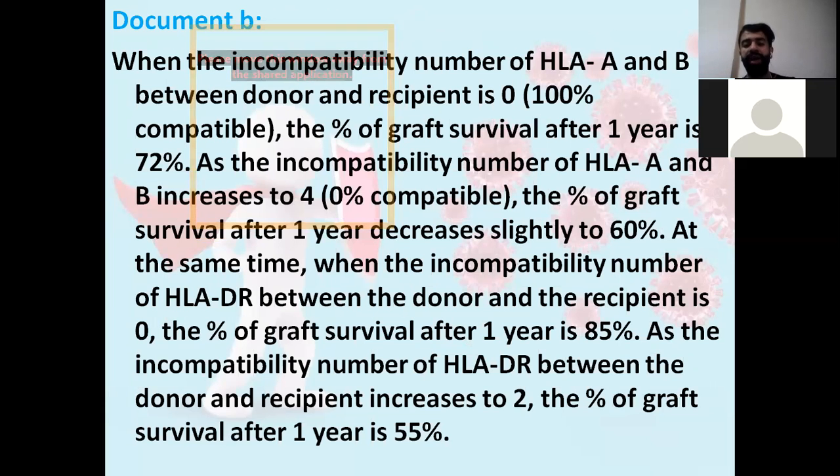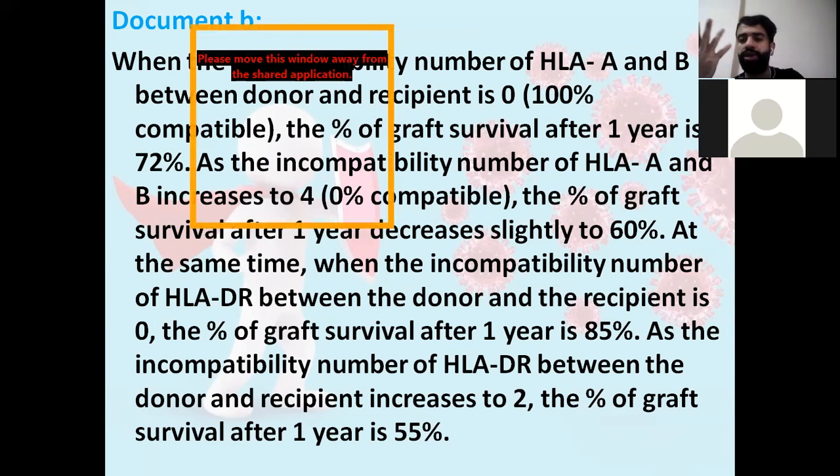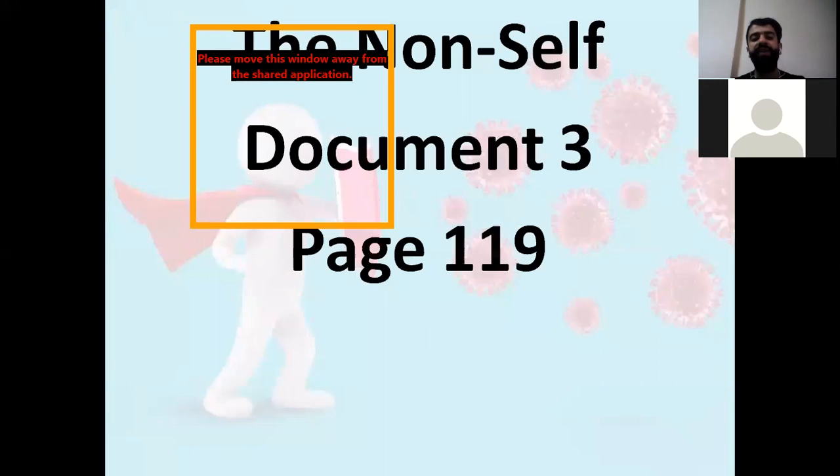The class DR, when it increases the incompatibility to 2, the percentage of the graft decreases to 55. So it decreases into half approximately when the incompatibility becomes 2%. So they are 98 compatible, even though it decreases to about 55%. Here we finish everything related to the self.